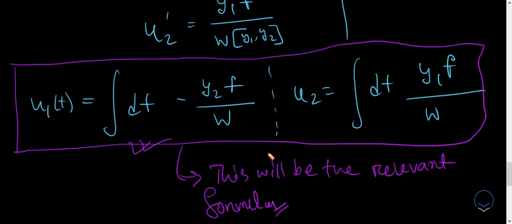In the next video we are going to use these formulas for u1 and u2 and see some examples of how we can attain a full solution or some partial solution. By partial solution I mean the particular solution for a differential equation of second order.